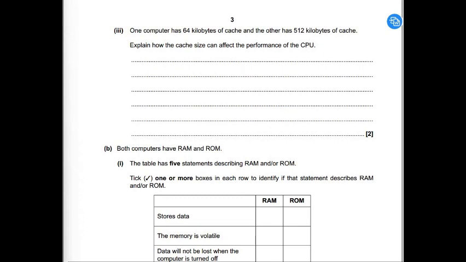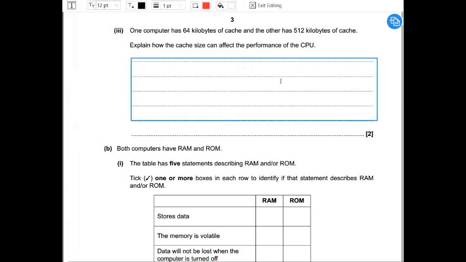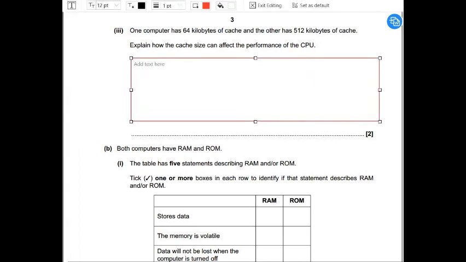So if we remember the cache, it's basically a part of the computer where it stores memory that we can immediately access, rather than the CPU fetching the data from the RAM. So by storing in a cache, it's much quicker than getting it from the RAM. But anyway, so how the cache size can affect the CPU's performance.